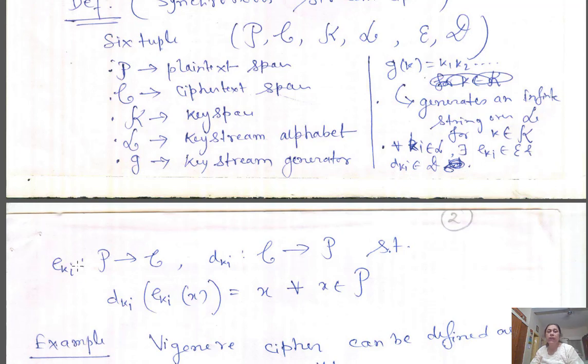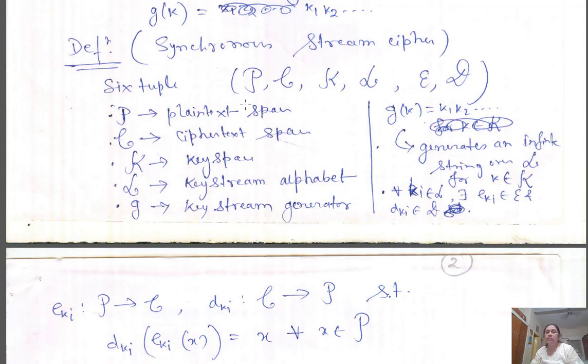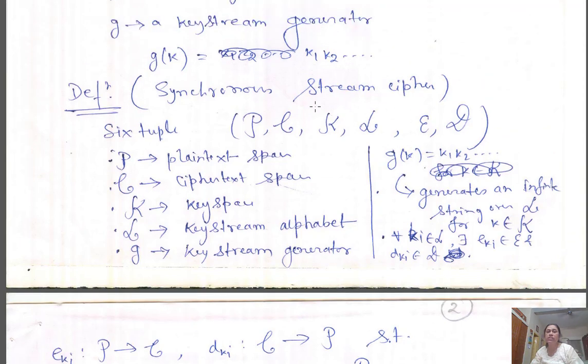EKi is a function from plain text to ciphertext, and DKi is a function from ciphertext to plain text, such that when you decrypt the encrypted value of x using the same ki, it will return you the plain text x, and it holds for every plain text x belonging to P. So this is a more formal way of defining a synchronous stream cipher. It has a key stream alphabet and a key stream generator.